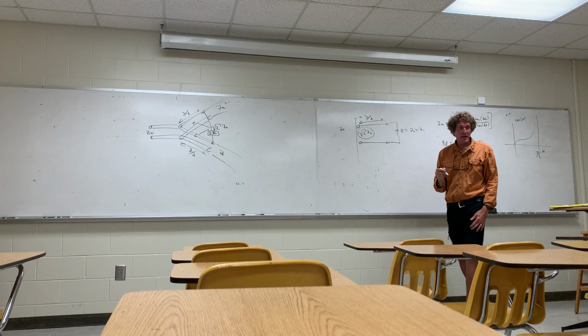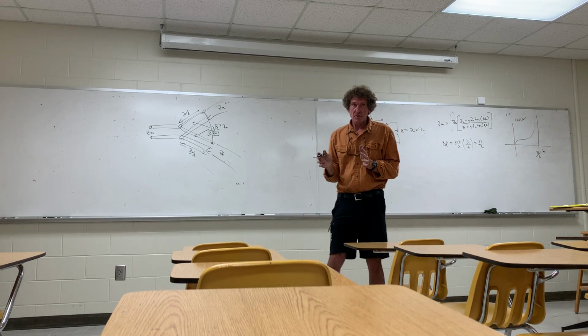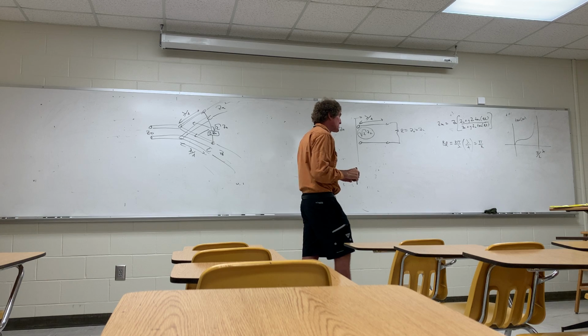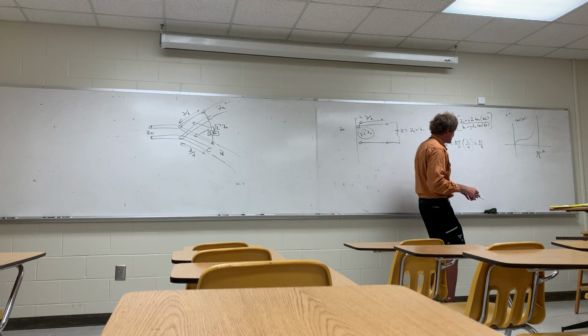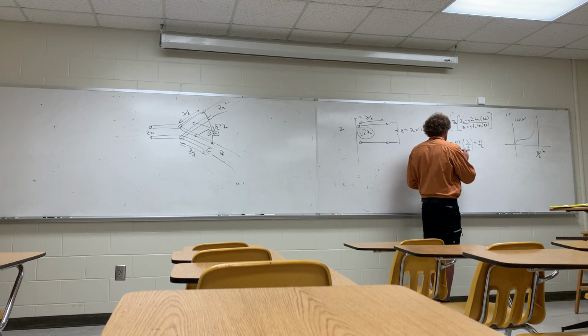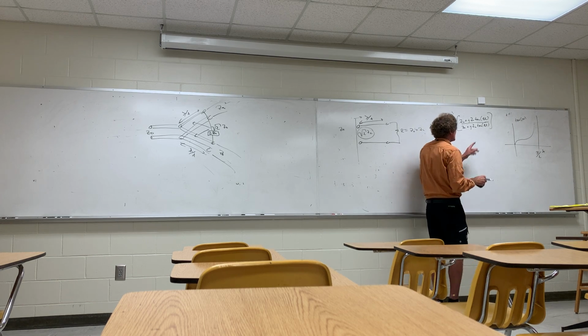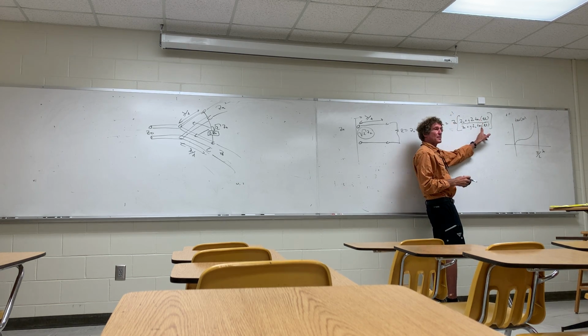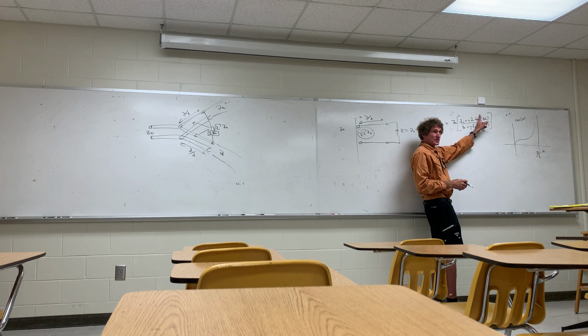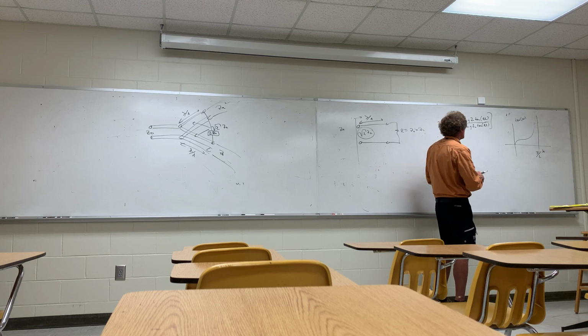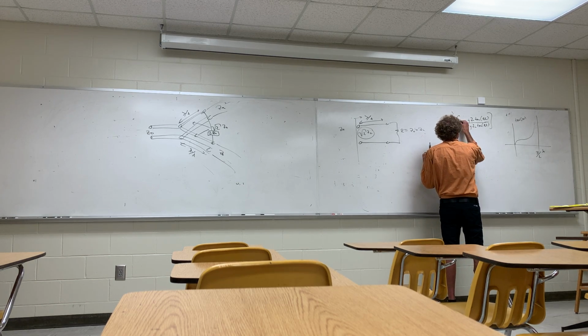Y'all follow me? Tangents, when you get close to 90, are asymptotically approaching infinity. What that means is this. If you look up here, these two terms will become extremely large, and then the top and bottom, the tangent functions will divide out. Do y'all follow? So we can ignore these two.